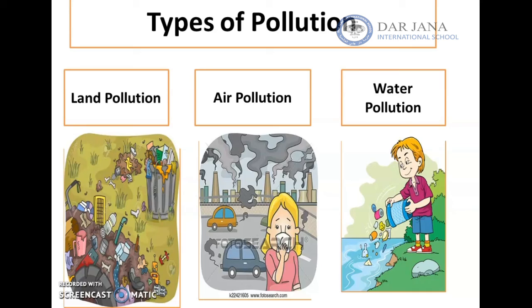Type 3 is water pollution, and this pollution is caused by humans where they dump garbage into lakes, seas, and rivers. So, we can understand the harmful effects of these types of pollution that are caused mainly by humans.